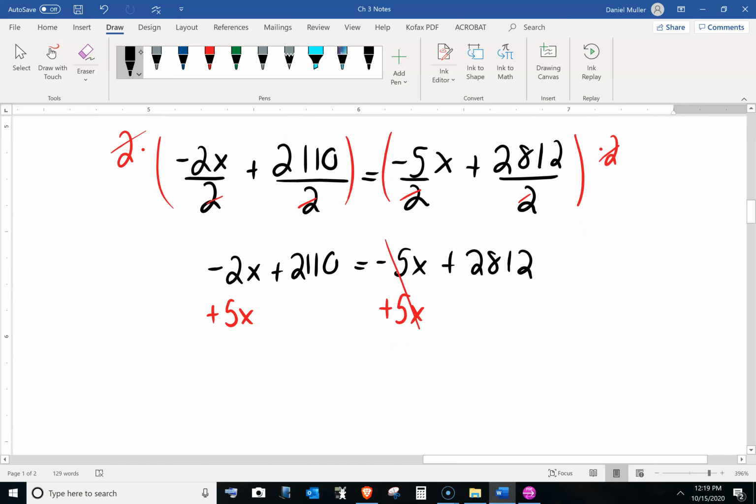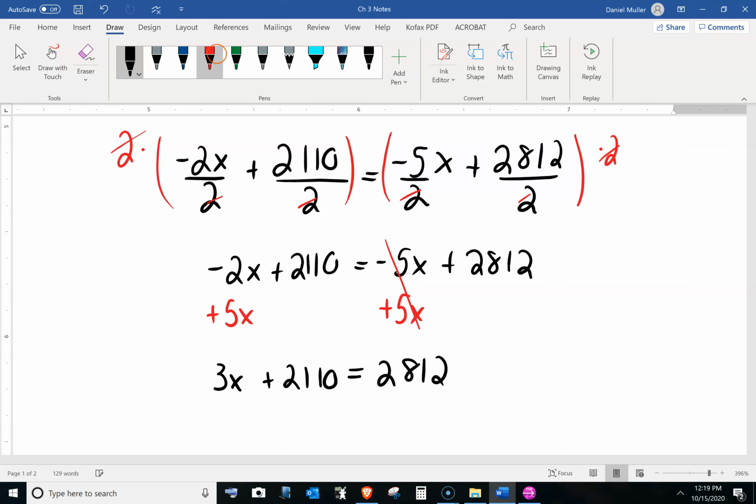And that will give me a 3x plus the 2,110 equals 2,812, which then I can subtract the 2,110 from both sides.